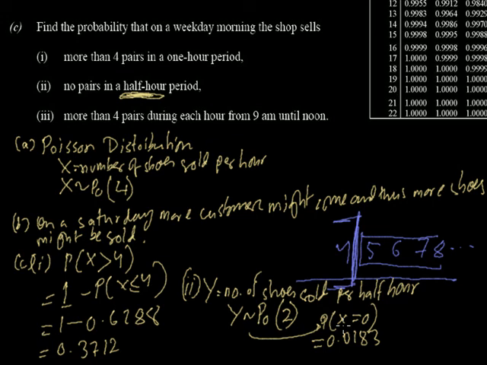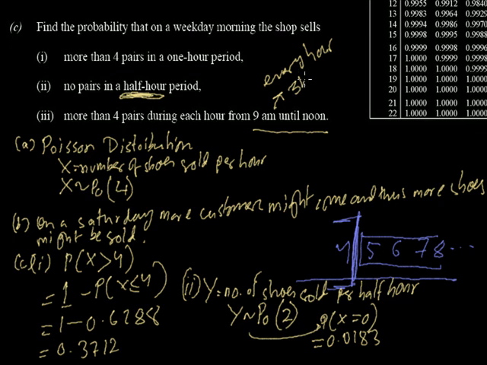So similarly, for the final one, more than 4 pairs during each hour from 9 a.m. until noon. 9 a.m. until noon is actually 3 hours. Every hour for 3 hours. 9 to 10 is 1 hour, 10 to 11 is another hour, 11 to 12 is another hour.